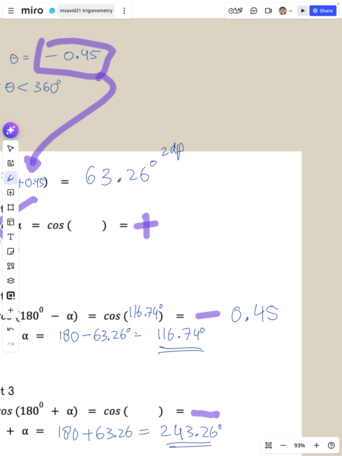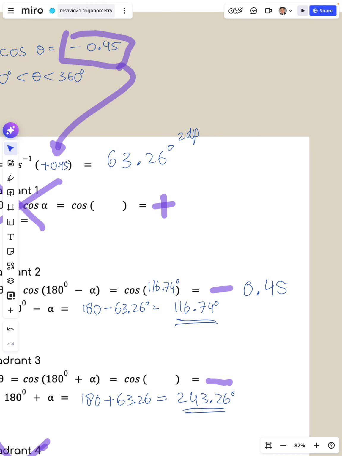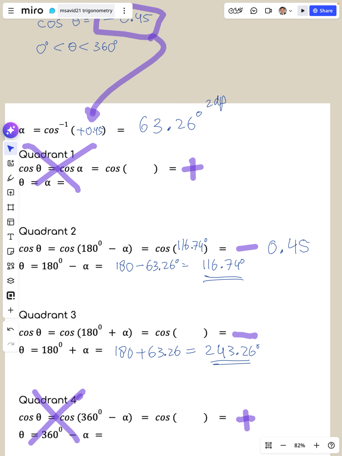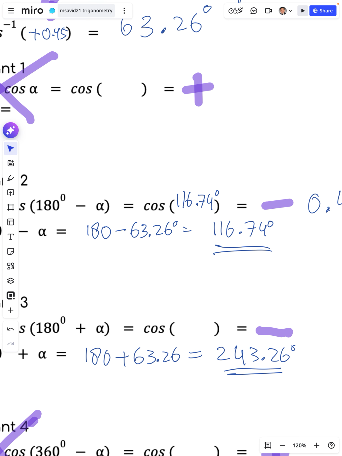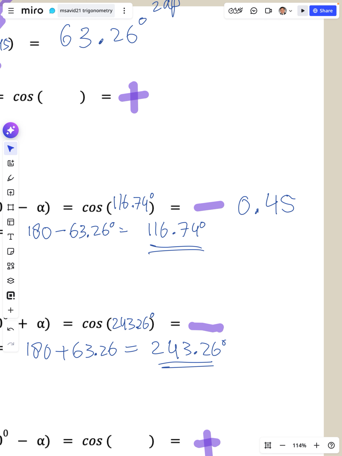My calculator says 0.4499, so it's almost 0.45. So it's correct. How about the one in quadrant 3, the other value? Cosine 243.26. Let's check them out. You get the same value, negative 0.45.